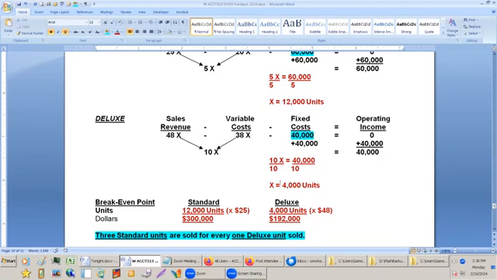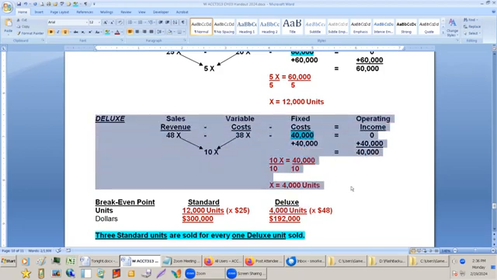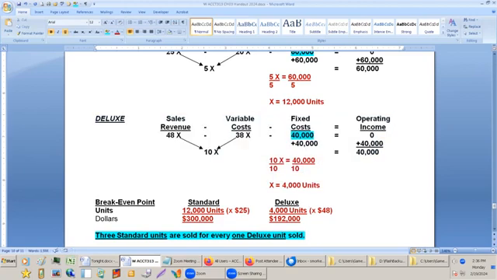Divided by 3? Yep. If you're selling 3 to 1, and you have 12,000 standard, just divide by 3 and you get the 4,000 units without going through all this. Or another thing you could do is check your answer. This should be 3 to 1, right?